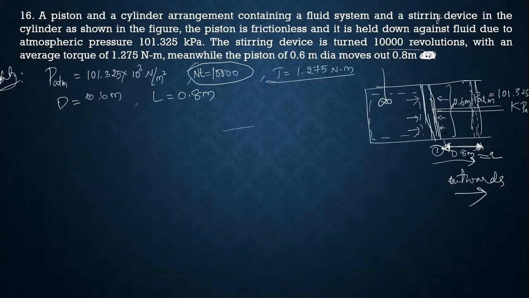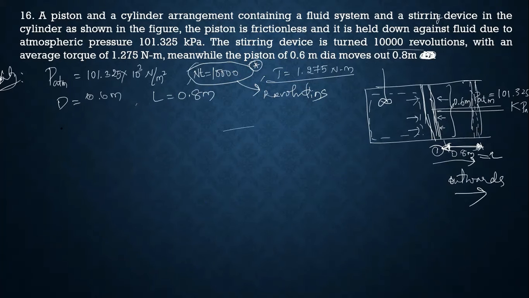Indirectly, they have given the swept volume, because diameter and stroke are given to calculate the volume change. One more important thing we should remember: they have given total revolutions, therefore revolutions is given by n t, this step is important. Let us calculate.